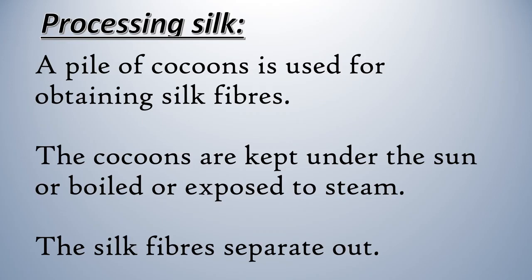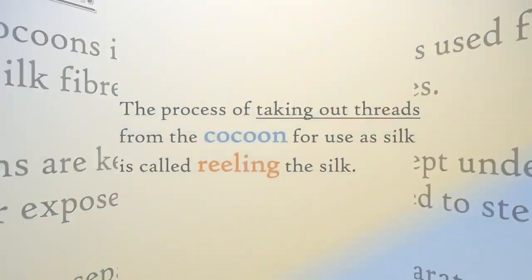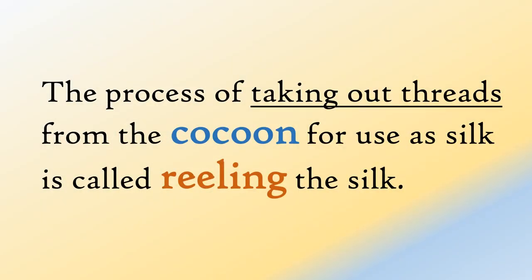The silk fibers separate out. Here, the process of taking out threads from the cocoon for use as silk is called reeling the silk.